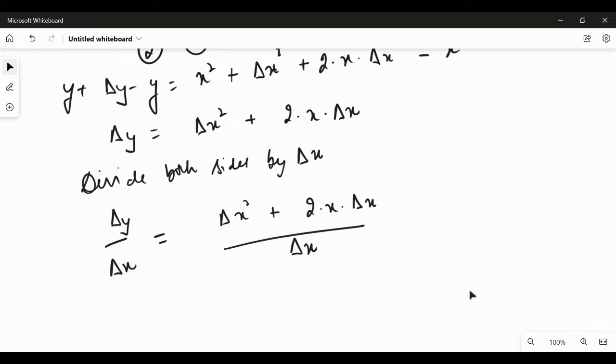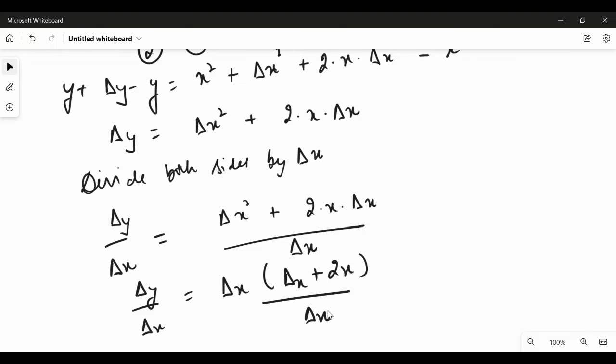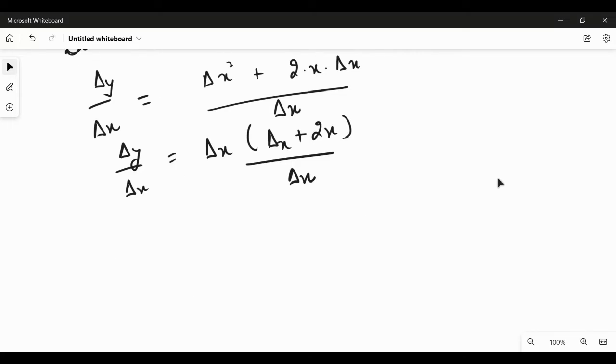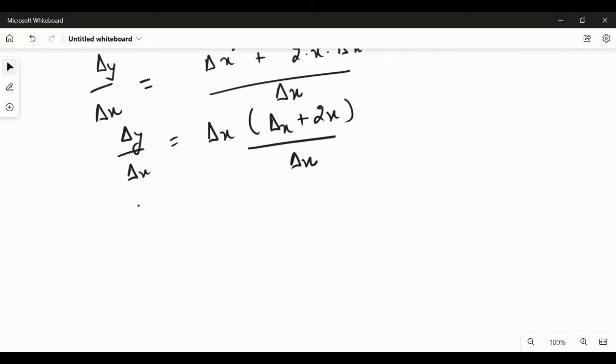The next step, we will take delta x common from the right hand side. So I will get delta x times (delta x plus 2x), divided by delta x. And ultimately the net value will be delta x plus 2x.